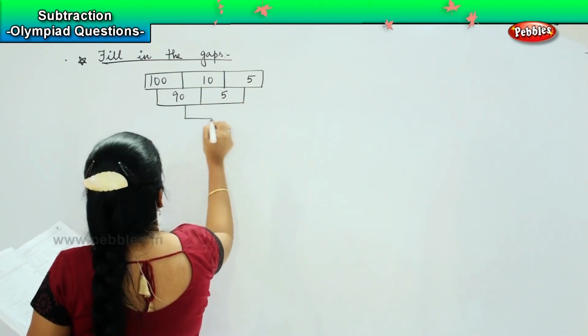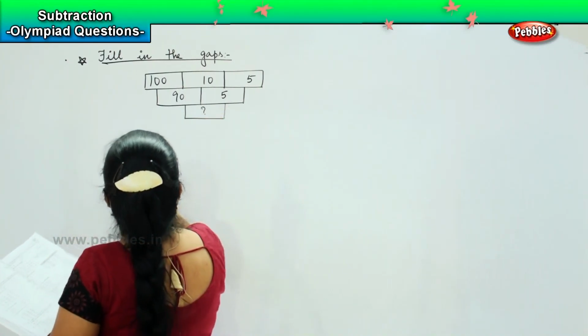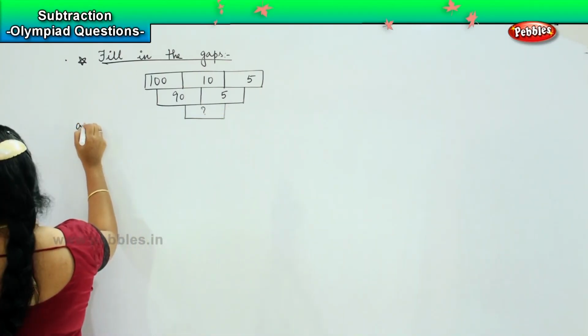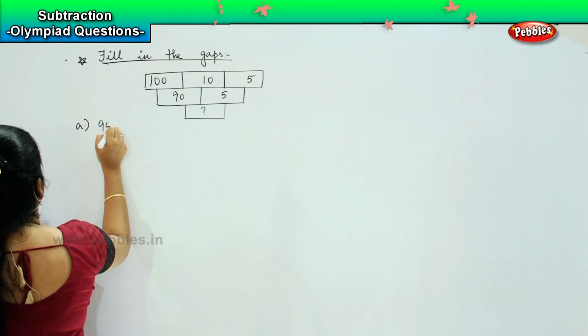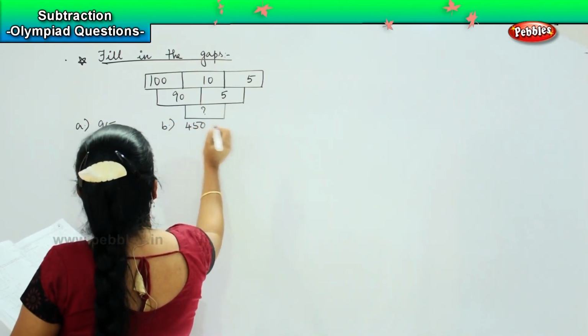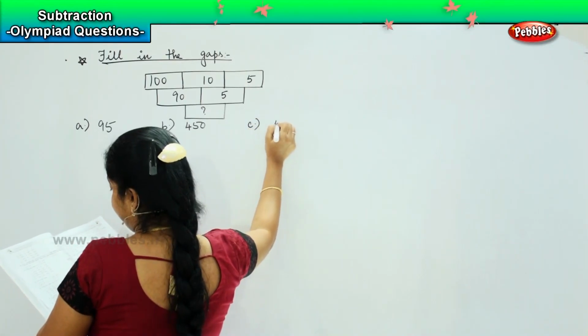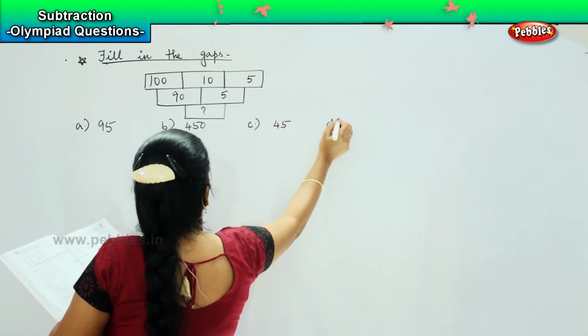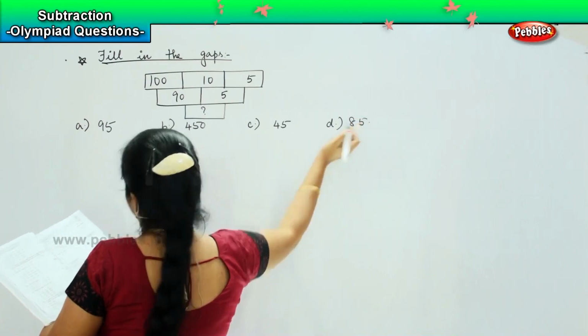And this box you need to fill. And your options are A 95, B 450, C 45, and D 85.